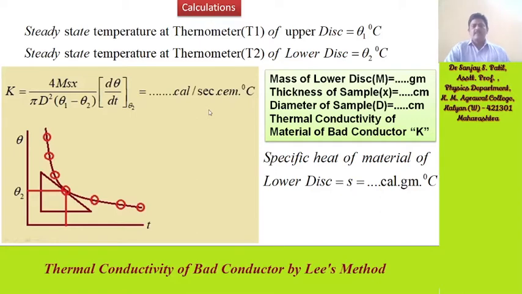So this is about the experiment thermal conductivity of a bad conductor by Lee's method. So we can find thermal conductivity K using this formula.